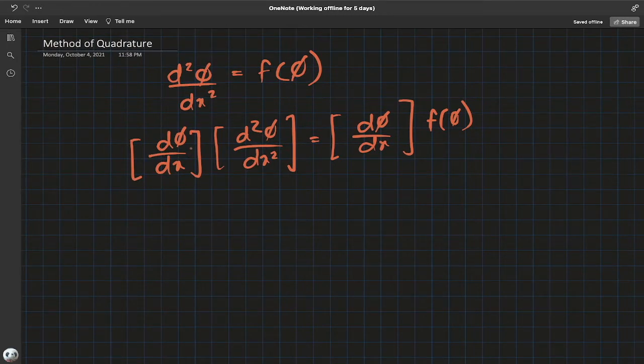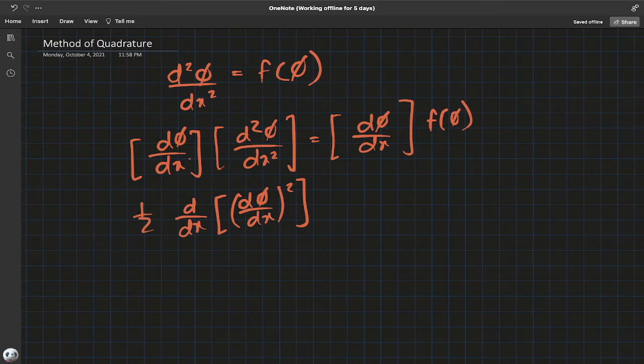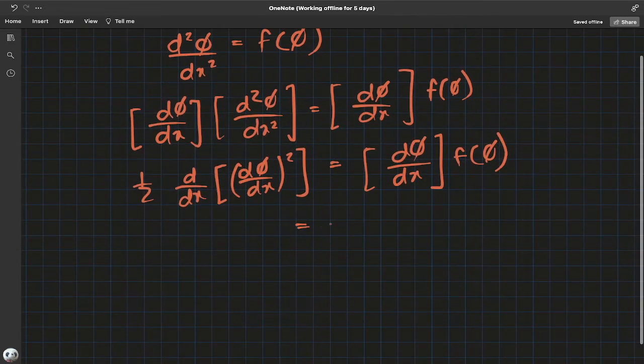But looking at this, you can write this as the derivative of d phi over dx, the whole thing squared. If you take the derivative, you have 2 times d phi over dx times the derivative of d phi over dx, which is the second derivative. Since we have this extra factor of 2 from the power rule, we can divide by 2, so we just get this same expression again. But only by doing that can we maintain equality on both sides. So multiply by 2 here.